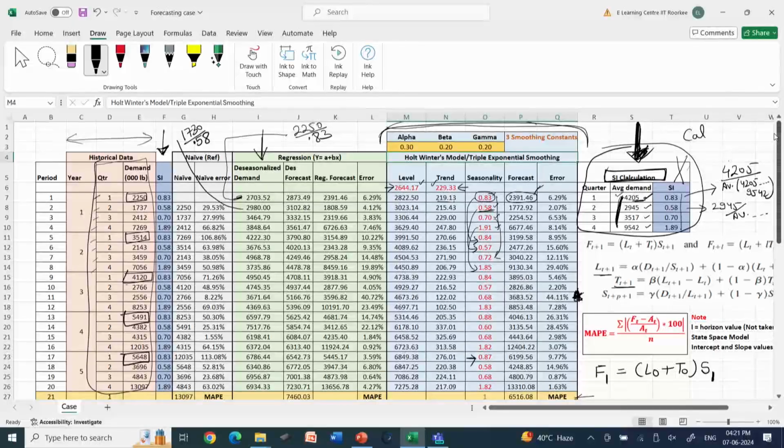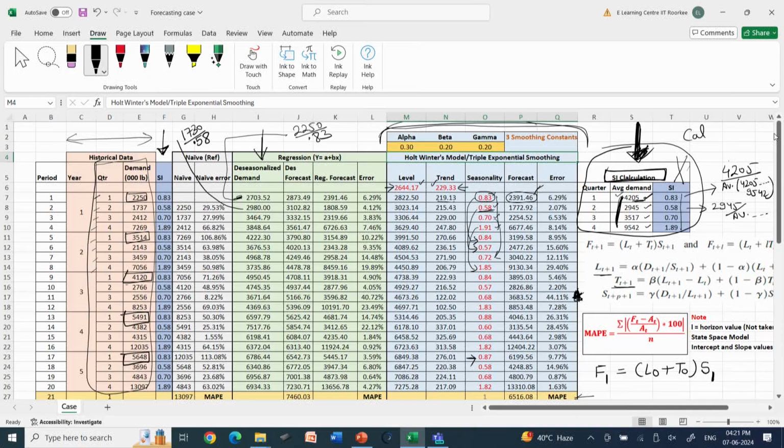In this particular case, we are doing the calculation with alpha 0.3, beta 0.2 and gamma 0.2. I request all of you to play with the values of alpha, beta and gamma and see how the forecasting errors and MAPE change.